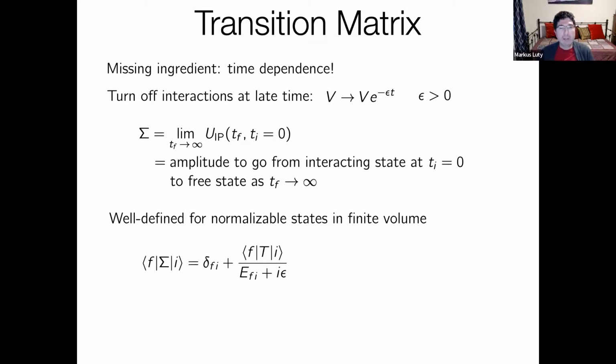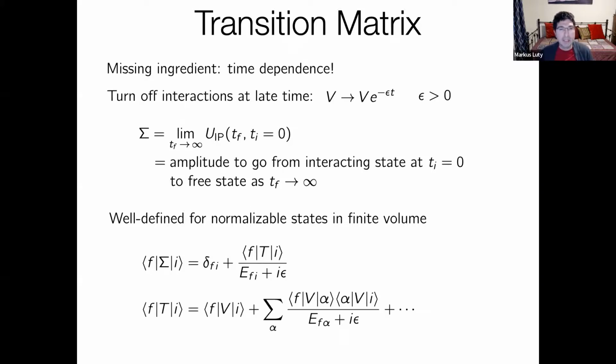One way you can see this is that you can construct a perturbative expansion for this in powers of V. I define this quantity T, which is like the T when I write S equals 1 plus iT.